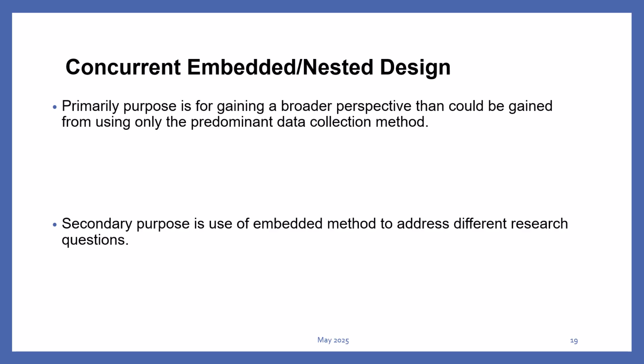This dominant method answers a research question, and we use another, embedded method to address different research questions. So this is the main essence of concurrent embedded or nested design. As we mentioned, it could be concurrent, and it could be sequential as well.